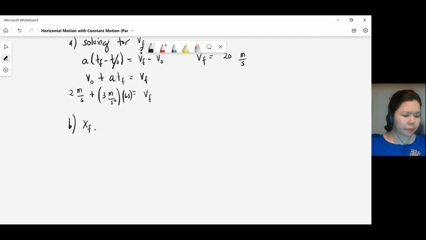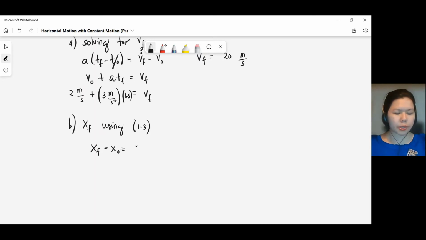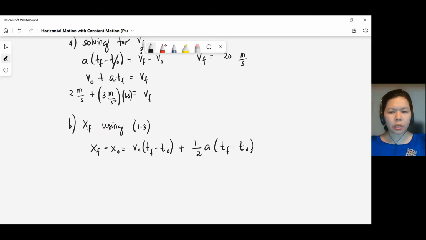This time instead of using equation 1.2, we use equation 1.3. We have xf minus x naught equals V naught times (T final minus T naught) plus 1/2 A (T final minus T initial) squared.